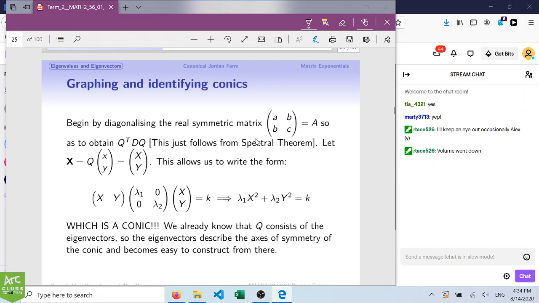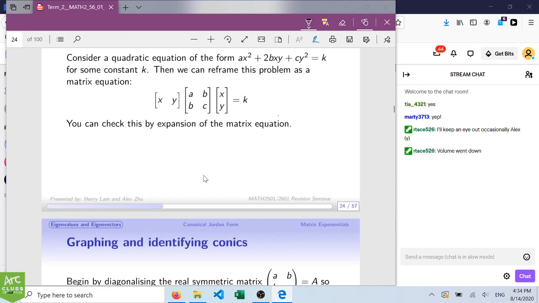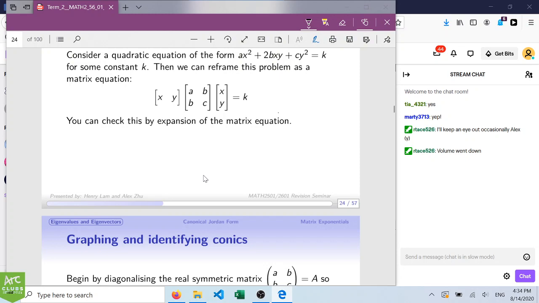Because all the conic questions we're solving can be written in terms of a real symmetric matrix times the xy vector and xy transpose. This is how we can use diagonalization to convert this middle matrix into something that we can solve more easily. And you'll see how the geometric application of this is also very intuitive.